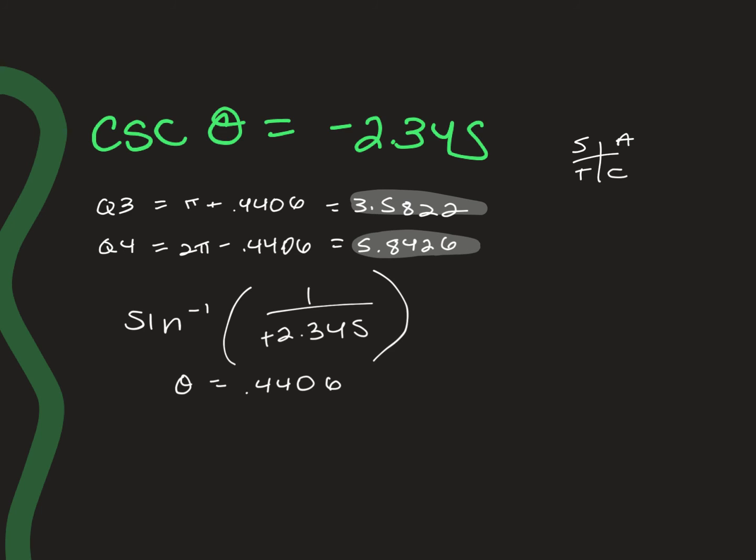And again, I can check them, but to check them, cosecant of those angles means I'm going to do 1 over sine of 3.5822 and 1 over sine of 5.8426. So when I go to check it, I'm using the regular functions, and that's why I do 1 over, and I put the trig function in the bottom. Check them. I get negative 2.3447, which rounds up, and then 1 divided by sine 5.8426, and I get negative 2.3448. So I know my answers are right.